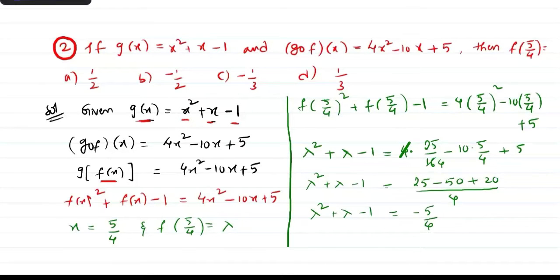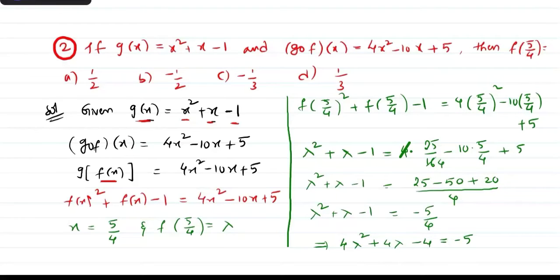Now take LCM. What you will get? 4 lambda square plus 4 lambda minus 4 is equals to minus 5. Right. See, if you take minus 5 to the left hand side, you will get 4 lambda square plus 4 lambda plus 1 is equal to 0.